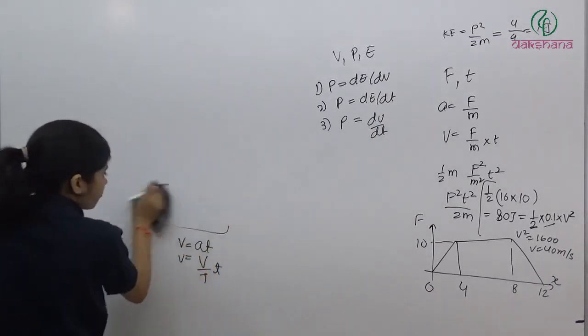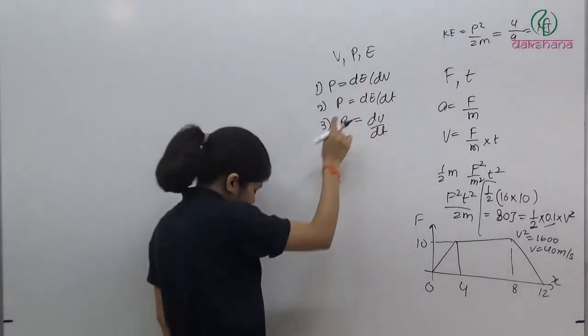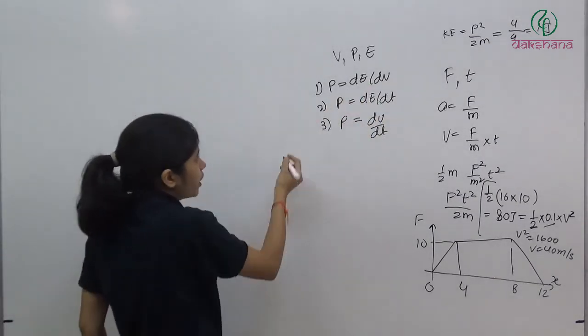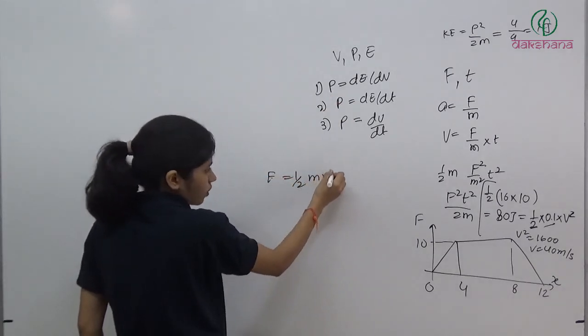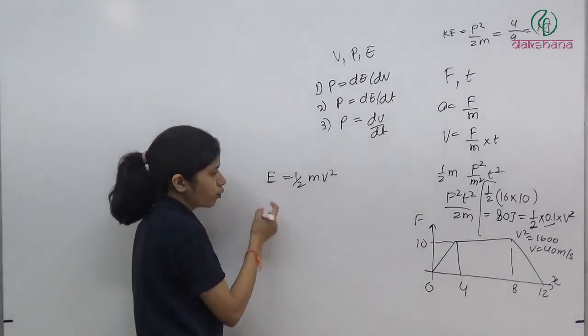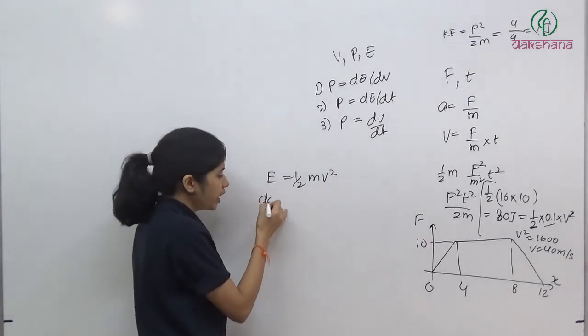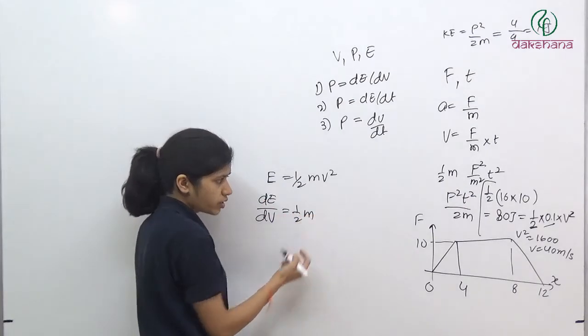So first we have to differentiate E with respect to V, dE by dV. We can write E is equal to half mv square. So I am just differentiating both sides with respect to V. V is the variable. So dE by dV is equal to half, and m is constant.